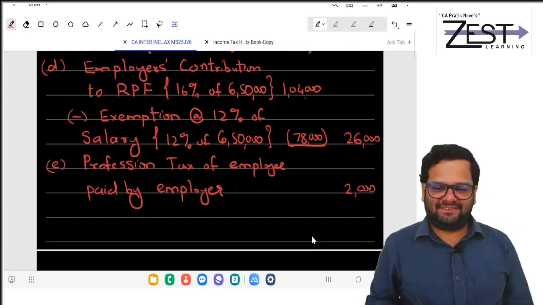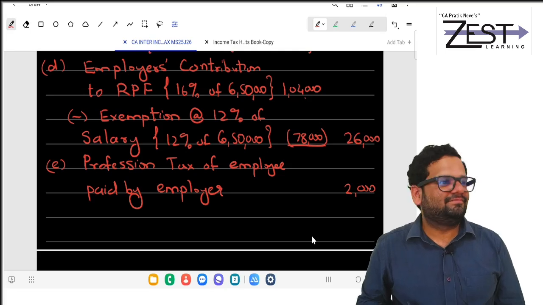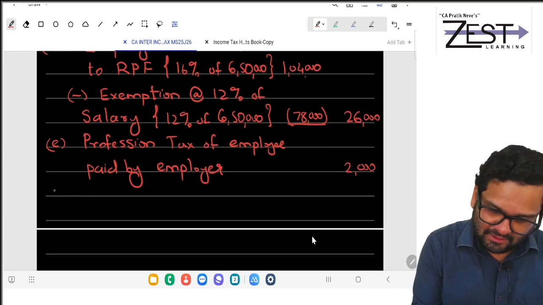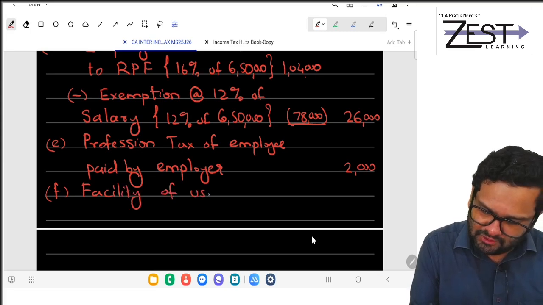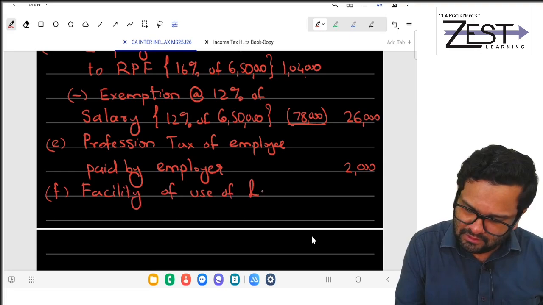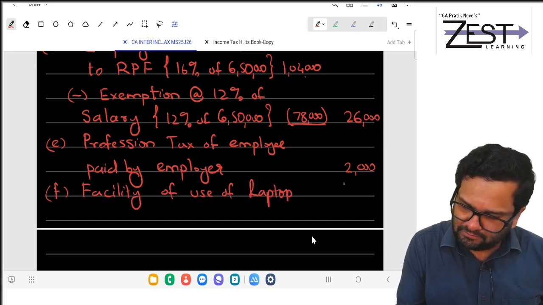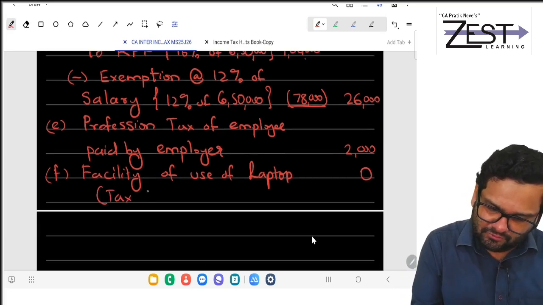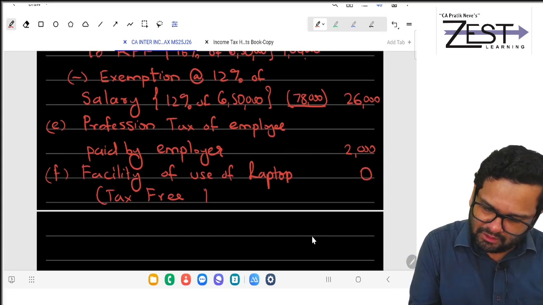What next? Laptop. What happens with facility of use of laptop? Nil. It is a tax free perquisite.